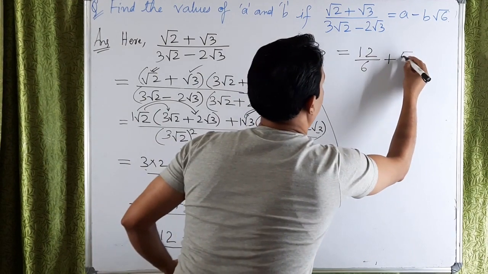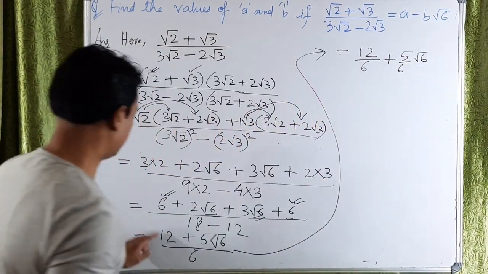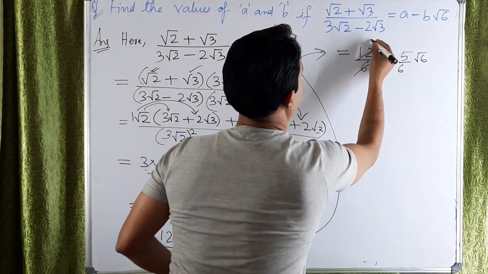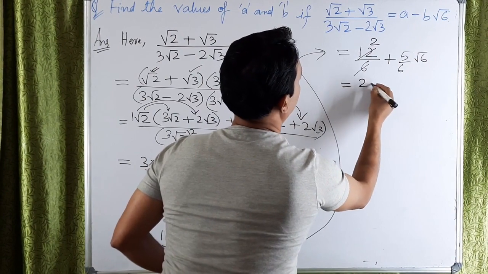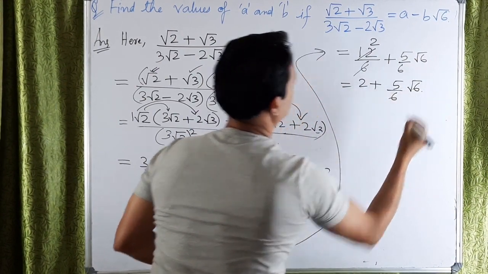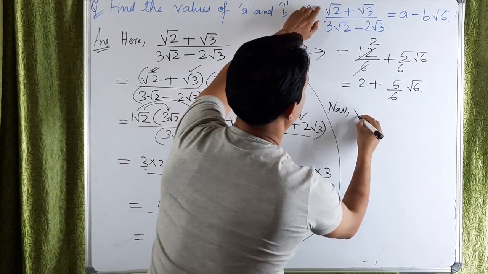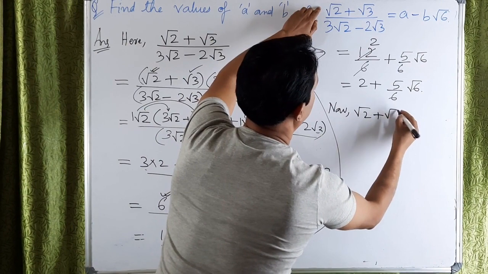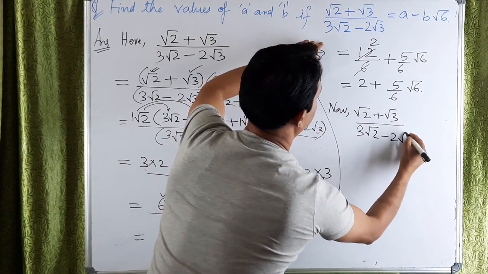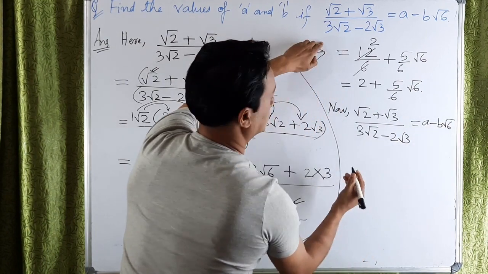Okay, 12 by 6 plus 5 by 6 root 6. Here you can cancel. So getting 2 plus 5 by 6 root 6. Now, what was given to us is root 2 plus root 3 divided by 3 root 2 minus 2 root 3 equals a minus b root 6.